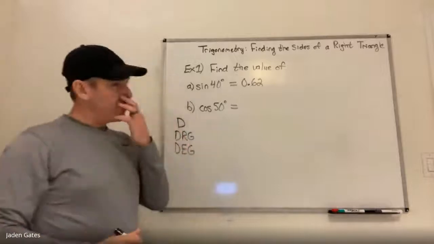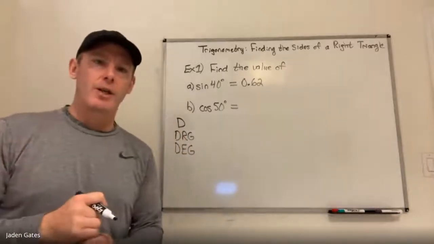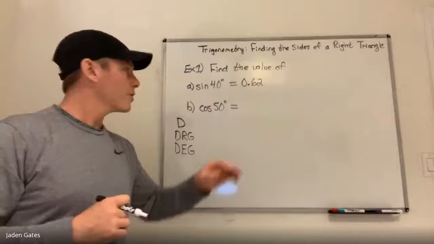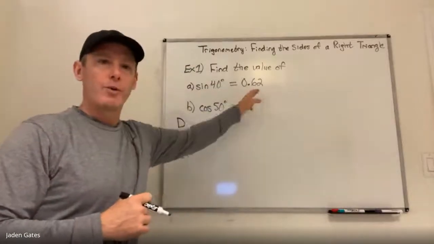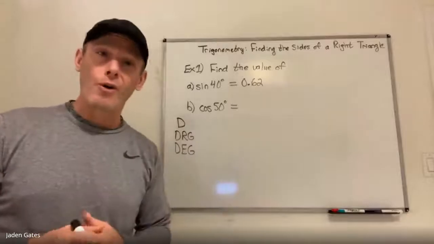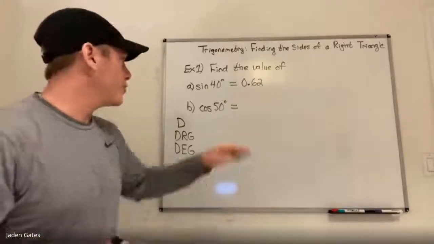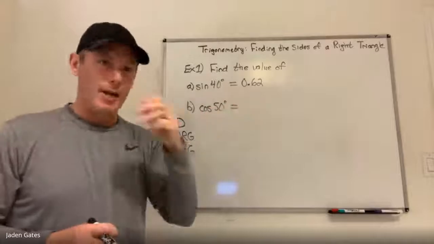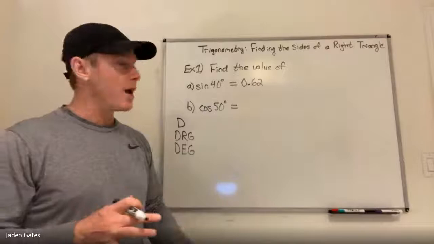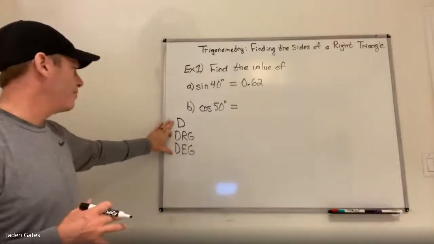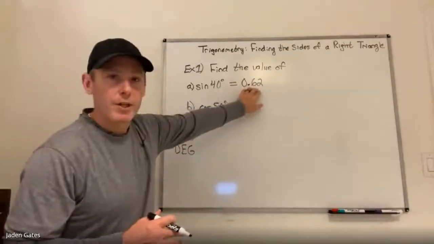Now, I would say that 70% of calculators, maybe even 75% of calculators, you just hit sine 40 degrees and you get 0.62. The other quarter of calculators, which I don't like, you hit 40, then you hit sine. All right? You have to figure that out on your calculator so you can get the right numbers. Make sure it's in the right mode, and you should get 0.62.